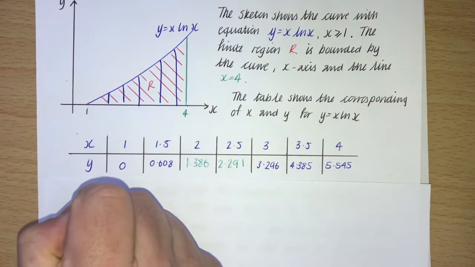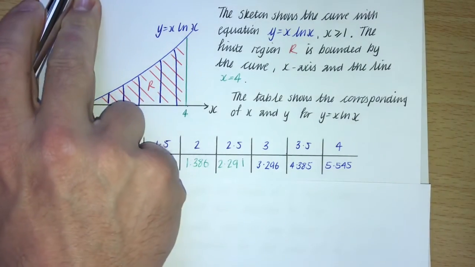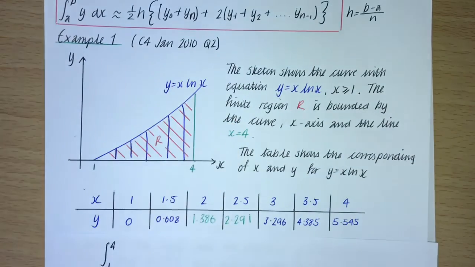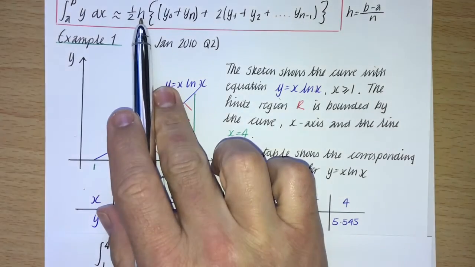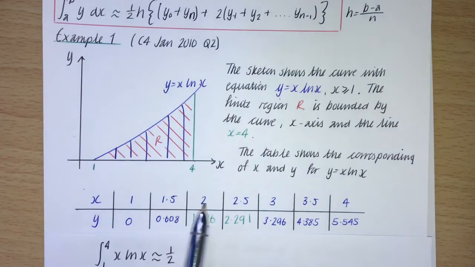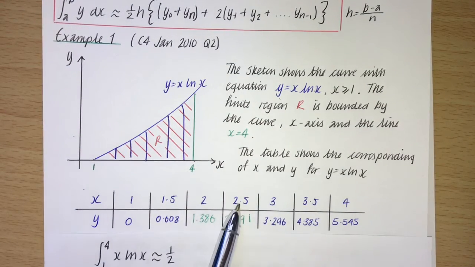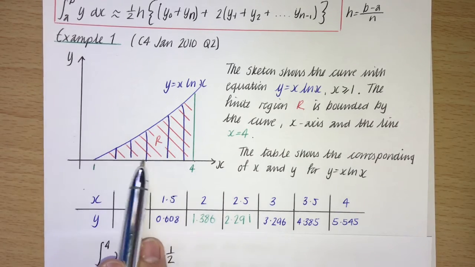From 1 to 4 of y dx, so y is x ln x. That can be approximated by a half. So h within our formula is the height of each of these here, and we can see that they are all going up for x here now by 0.5, add 0.5, add 0.5.